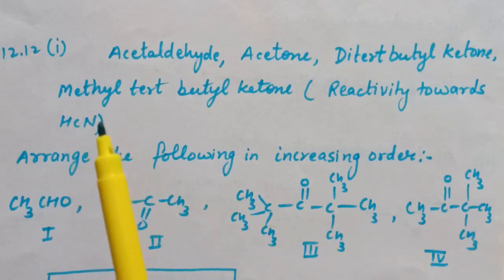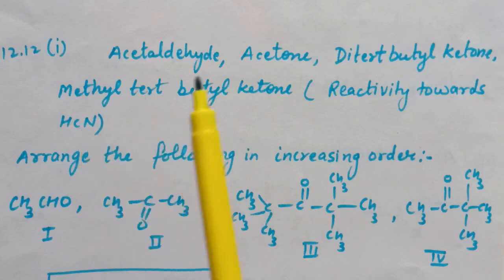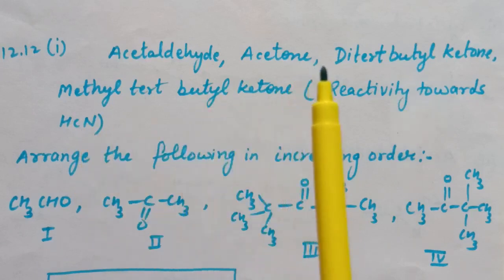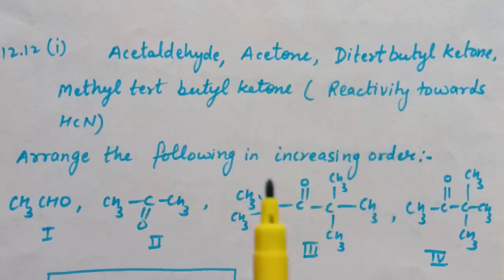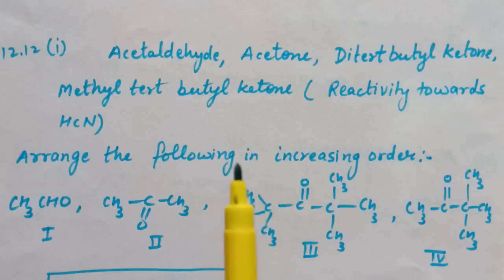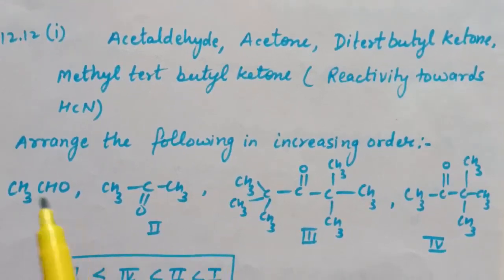Reactivity towards HCN with these compounds is an example of nucleophilic addition reaction, and in nucleophilic addition reaction, aldehydes are more reactive than ketones. So acetaldehyde is the most reactive.